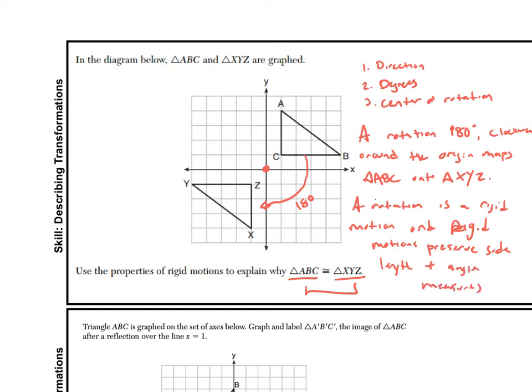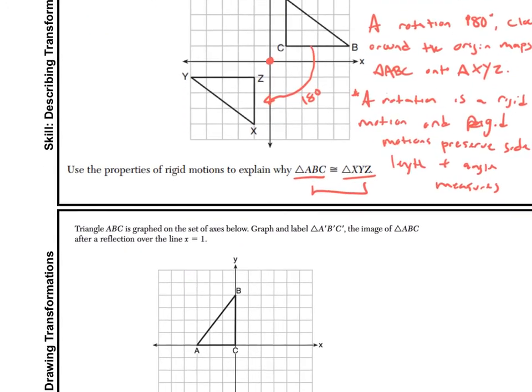Done and done. So just remember, if it ever says use the properties of rigid motions to explain why they're congruent, we always add this little sentence in. We know they're congruent because rigid motions preserve side lengths and angle measures.